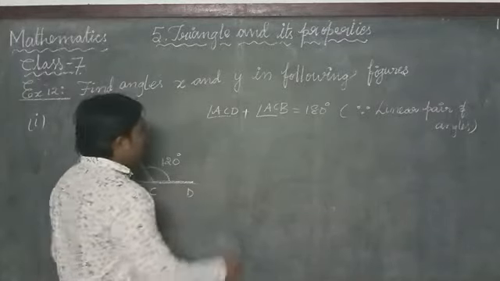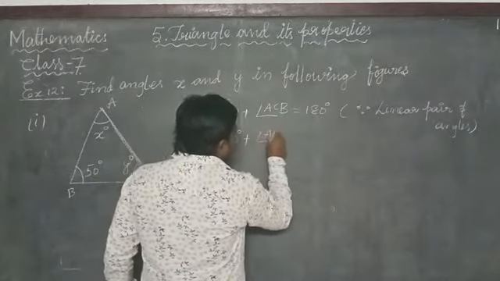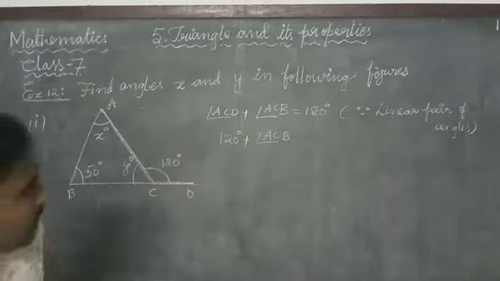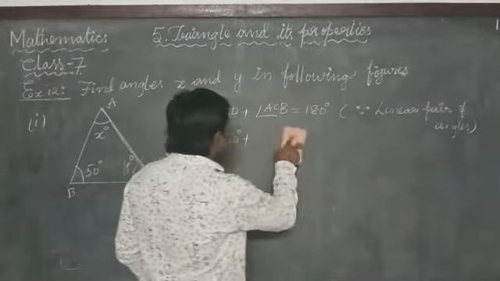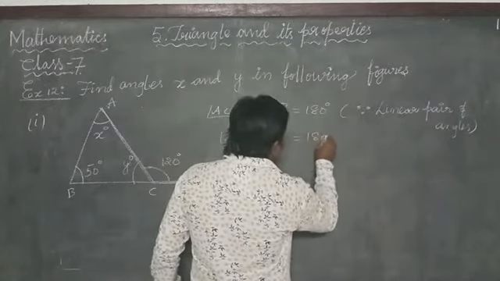Here we know angle ACD equals 120 degrees, plus angle ACB, which is y degrees, equals 180 degrees.